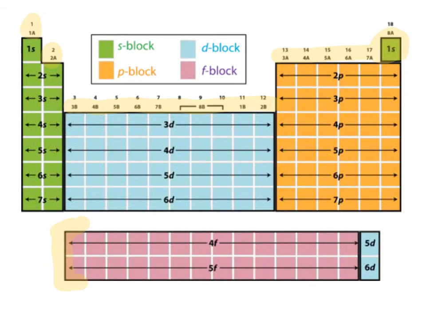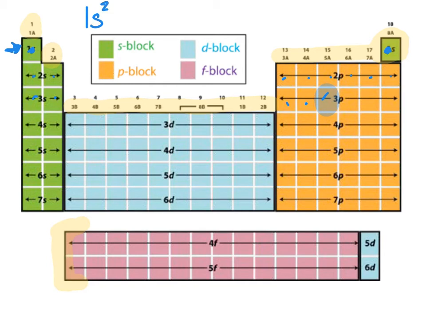So what you're going to do to use this is find your element on the periodic table, whatever it might be. Let's just pick this one right here. To write the electron configuration, you start at the beginning, and each box counts as an electron, and we fill those in until we get to the element that we care about. The first row is 1s. There's 1s here and a second 1s, so that's 2 electrons.